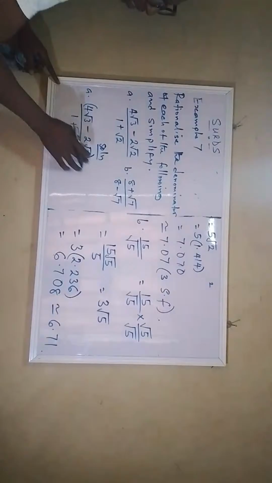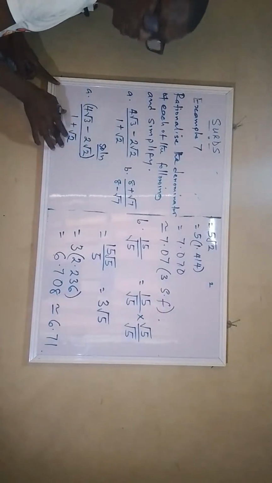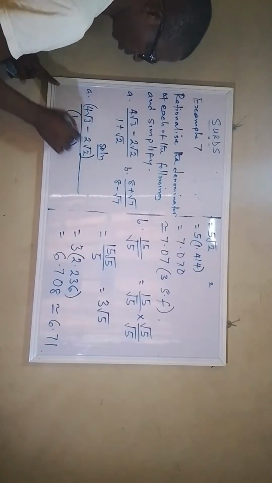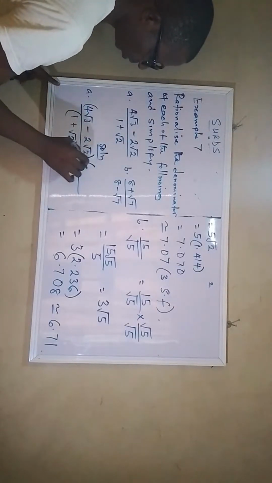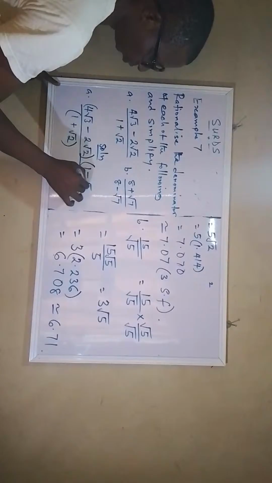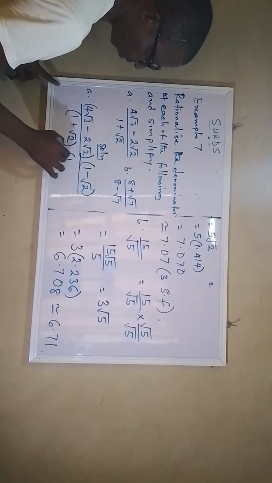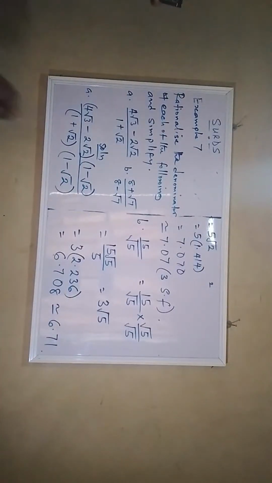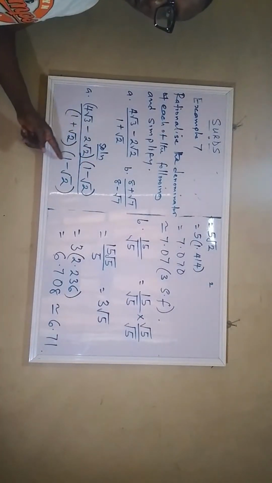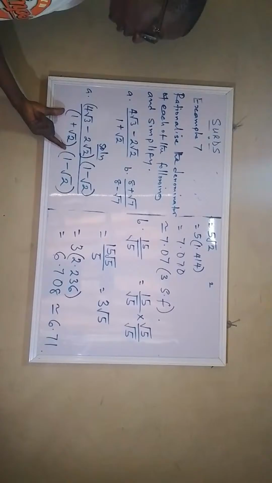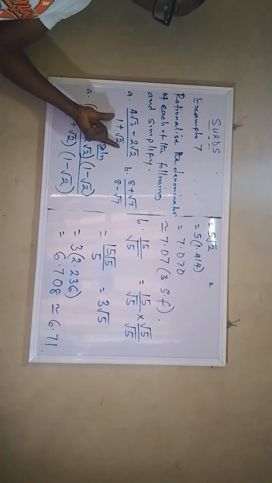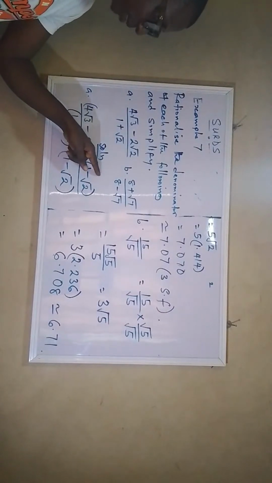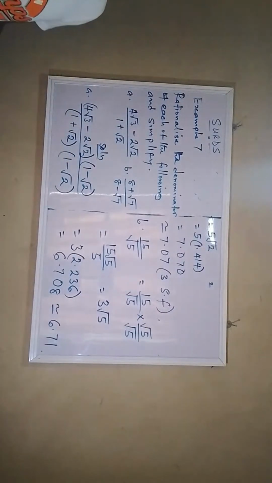So we'll multiply the numerator and the denominator with 1 minus square root of 2. Okay, so I'm multiplying the numerator and the denominator by the conjugate of the denominator given in the question. All you just need to do is change the sign here and use it to multiply the numerator and denominator, right?